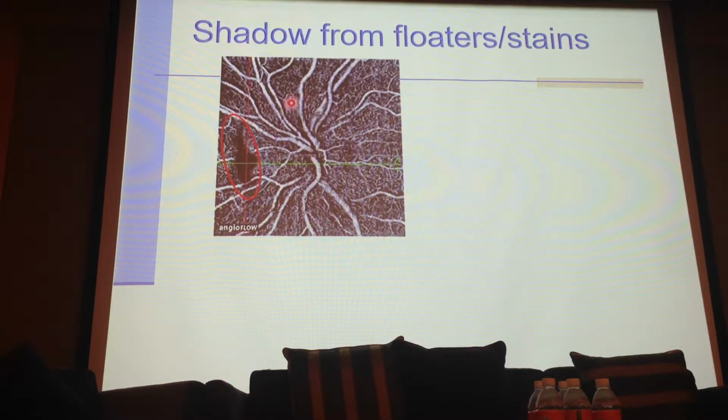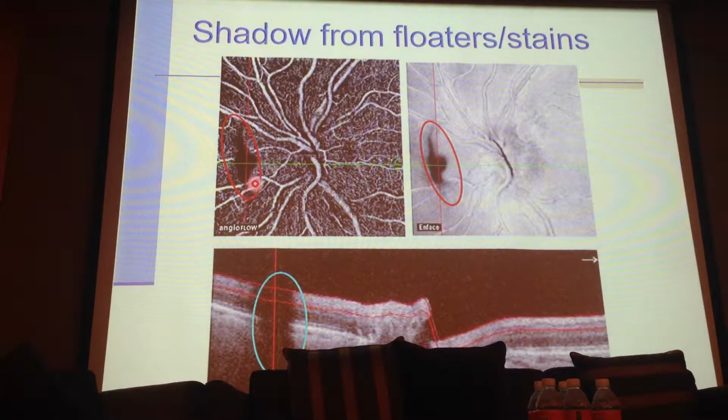When we have a black signal in the angio flow, sometimes it's not because of low flow or low perfusion. We just take a full view of the en face and B-scan. In the case of low perfusion, the tissue is still there, so there should be signal inside the en face image and the B-scan.